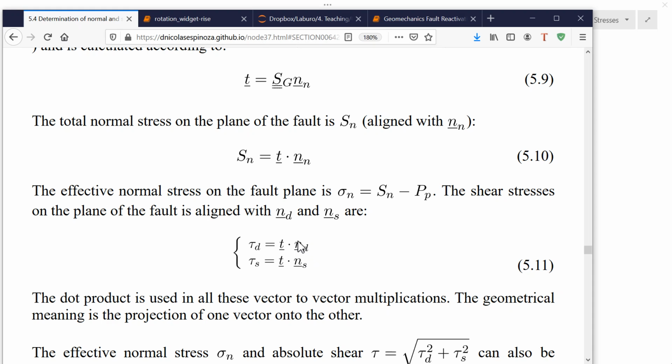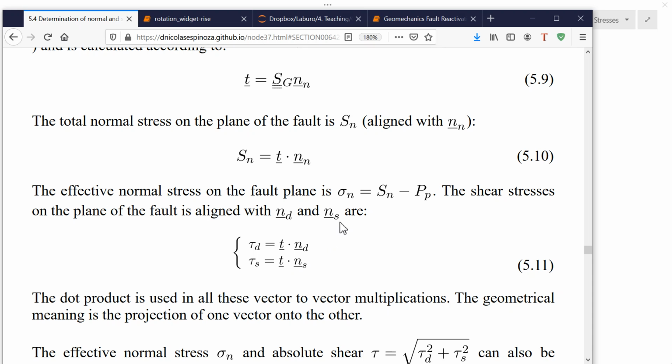And now we have all the full components of shear and normal stress on a 3D fault or fracture for a given 3D stress tensor.